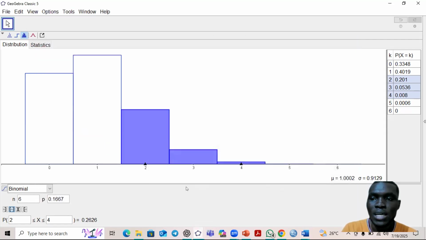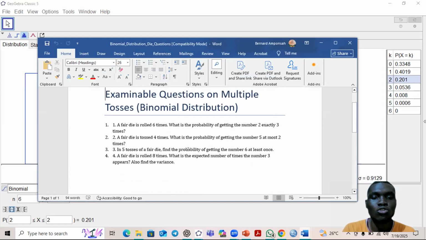This is the value, the probability of getting the number 2 when it's rolled 3 times.